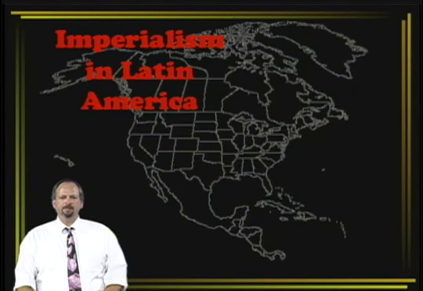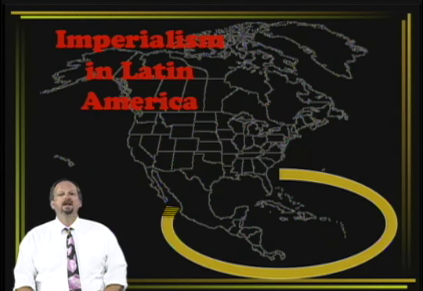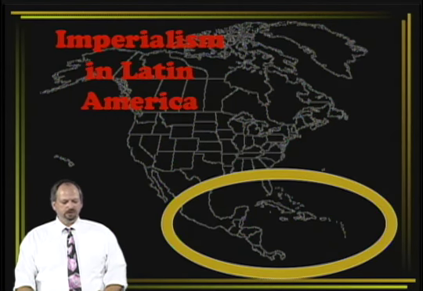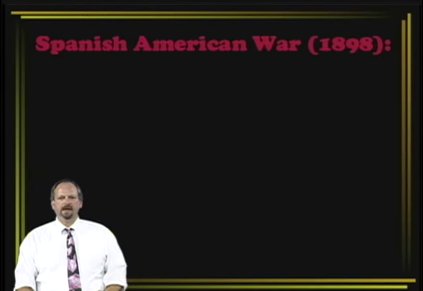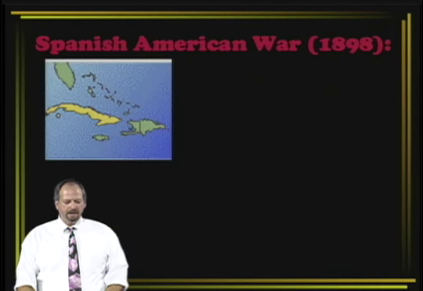Let's take a look at imperialism as America related to this area here, Latin America. We'll start in 1898, when William McKinley was president, with the Spanish-American War. It was caused primarily by economic interests in Cuba.